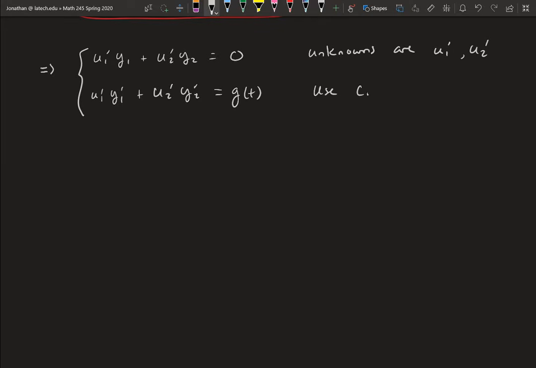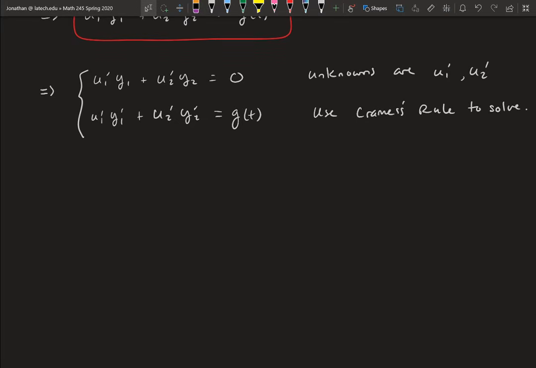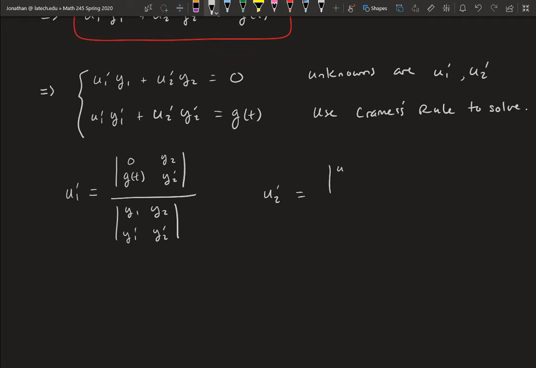So u1 prime equals the determinant with 0, g of t, y2, y2 prime over the determinant with y1, y2, y1 prime, y2 prime, and u2 prime is going to be the determinant with y1, y1 prime, 0, g over y1, y2, y1 prime, y2 prime.